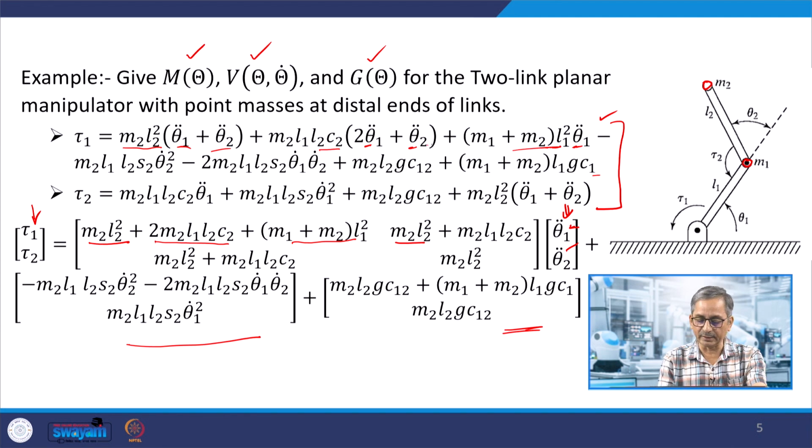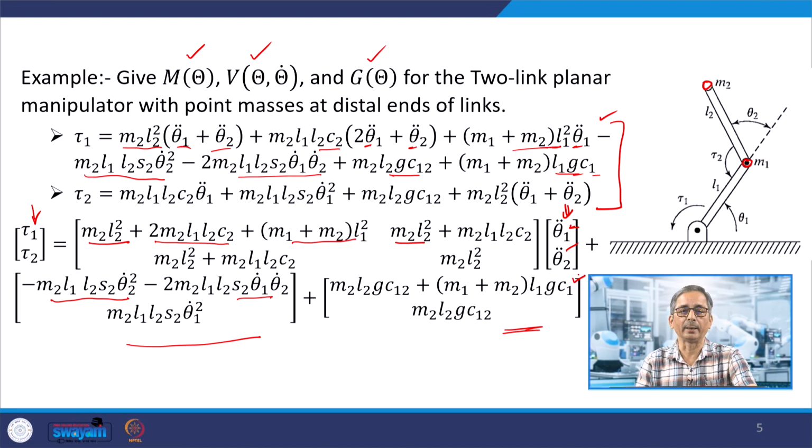We have the square term, that is the joint velocity square term, so I write it here. This term also has the product of joint velocities, so I write it here. These two terms have the g components, that is gravity, so I write all those here.